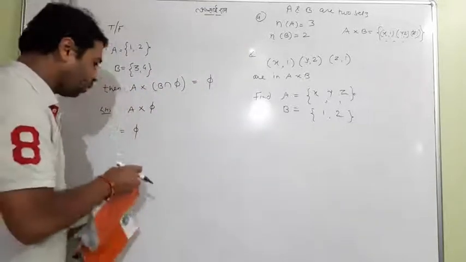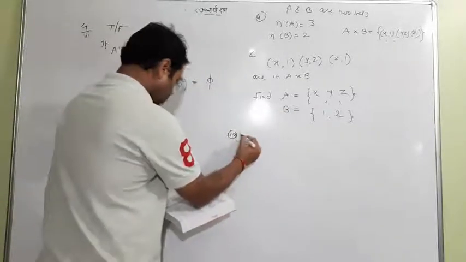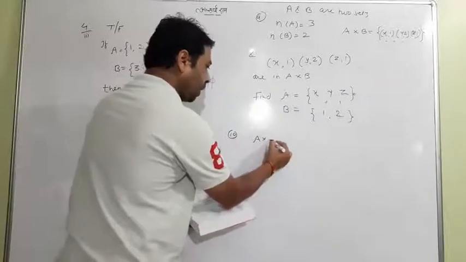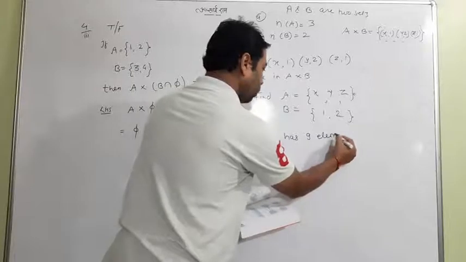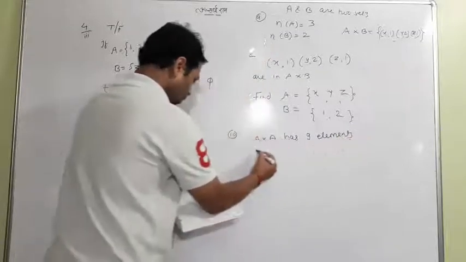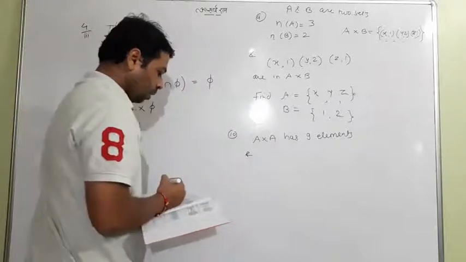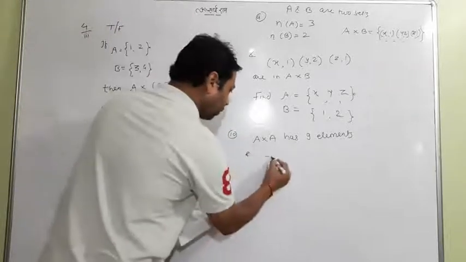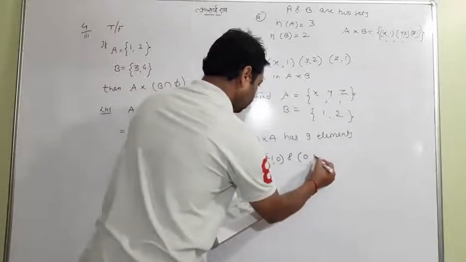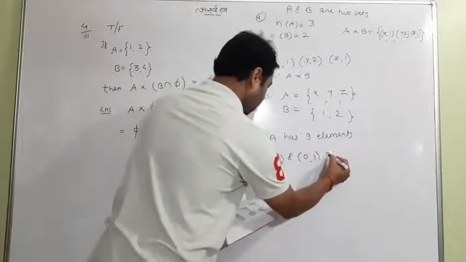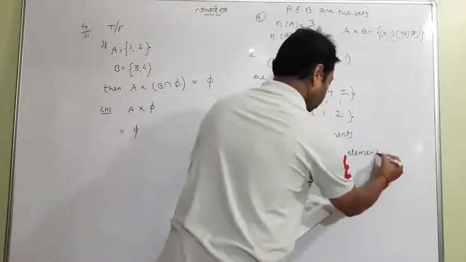The last question I will tell you is the 10th one. Look at the 10th question. It's very similar. The question says, when A cross A has 9 elements, and which of (-1, 0) and (0, 1) are 2 elements of it.